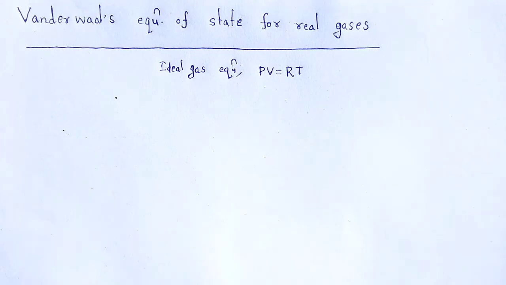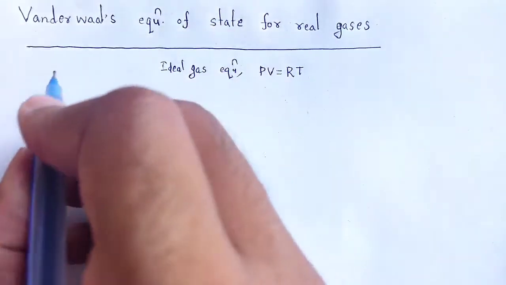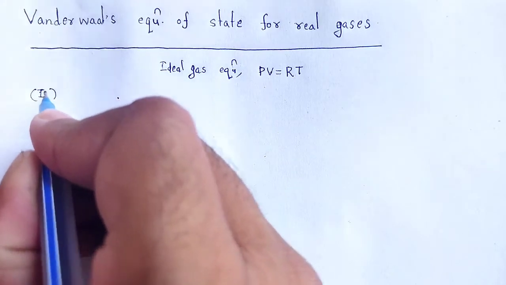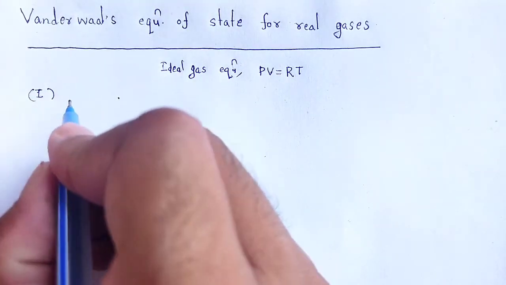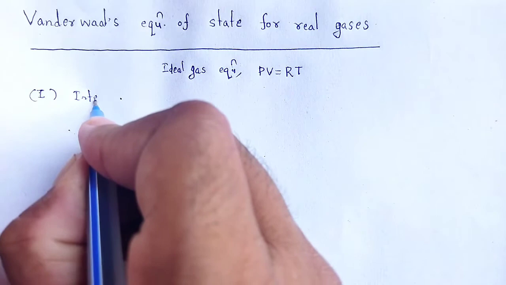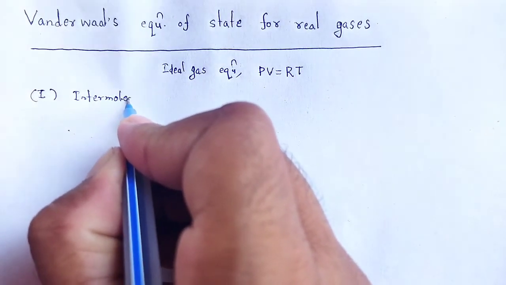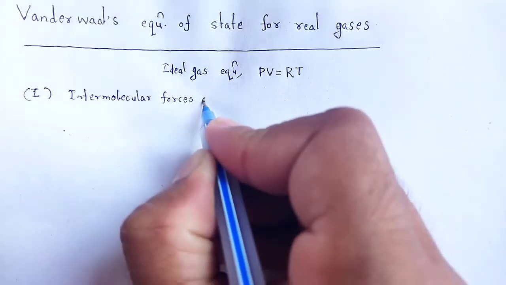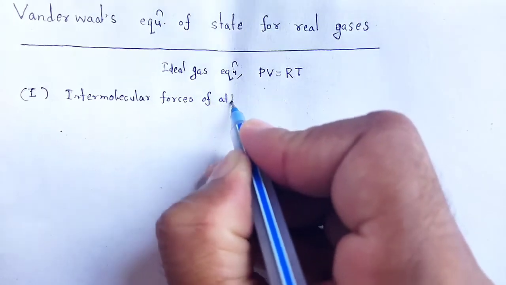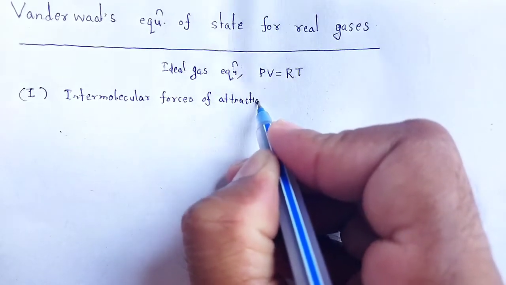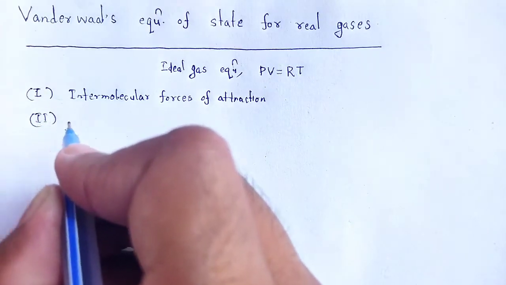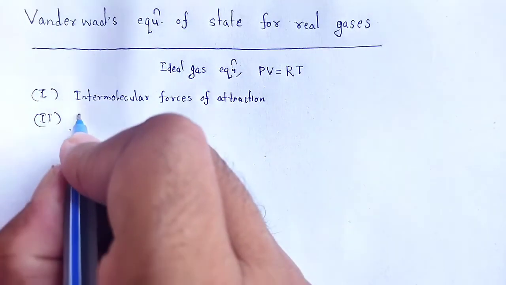So, how did the scientist Van der Waals approach it? Two things: one, the intermolecular forces of attraction, and another one, the finite size of molecules.